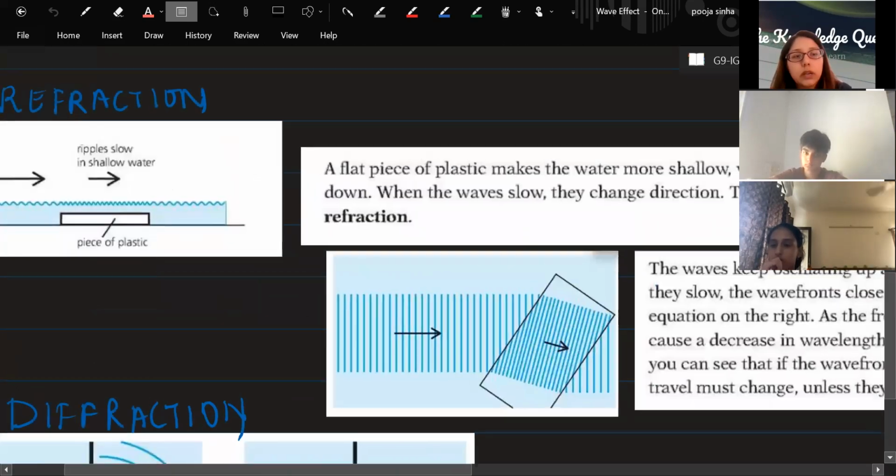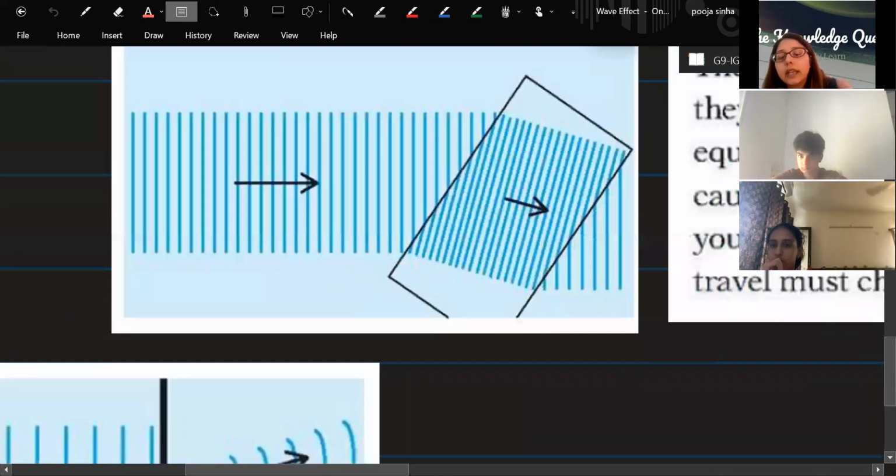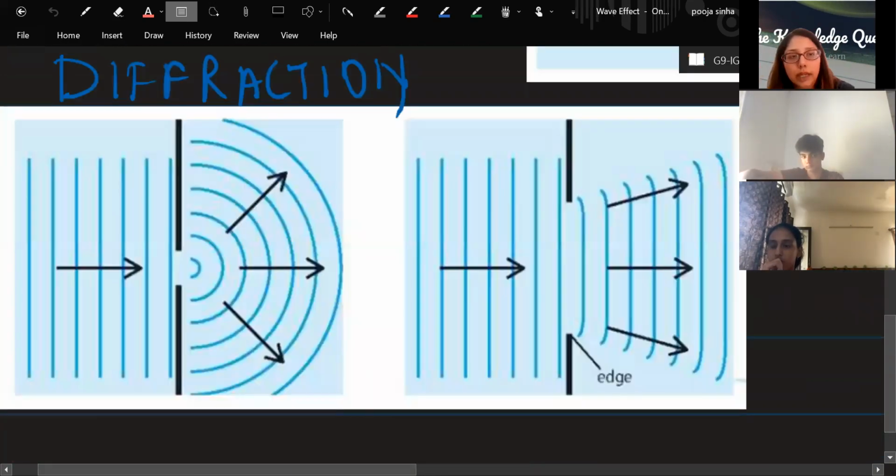That's why you see smaller waves here. Clear? As they are going above this, there is a change in their speed. They slow down. Clear? All right. Now let's come to diffraction.